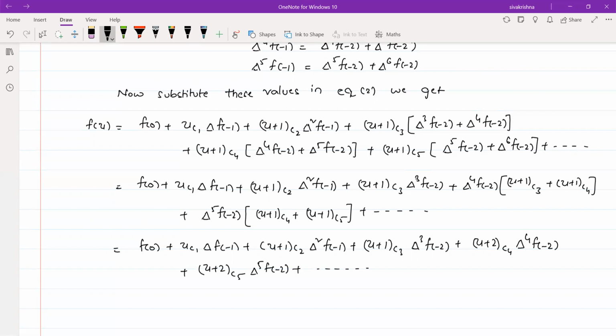So this is the Gauss backward interpolation formula. In this way we can prove the Gauss backward interpolation formula. Thank you.